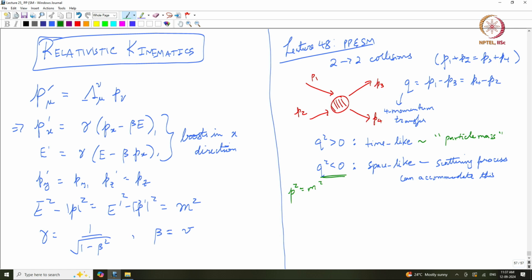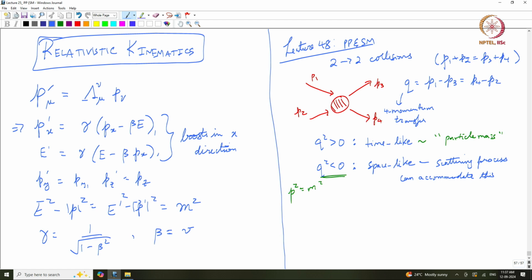Now, let us ask about it if I want to create a particle in a collision. Here I have just glossed over the fact that P1 and P2 came together and then they actually created 2 other species, generically.